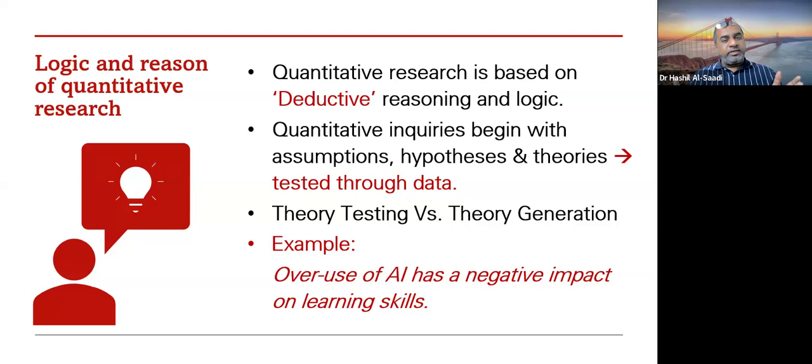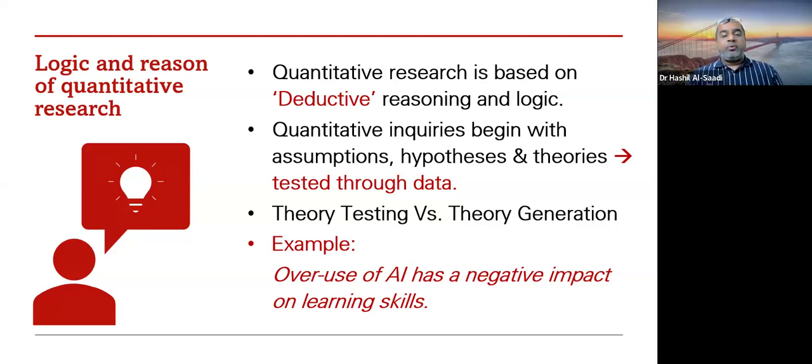Now, do you agree with this? Do you think it's the case in your situation, in your context? That's something we can investigate and find out through quantitative research. Is that clear? So this is the logic behind quantitative research.